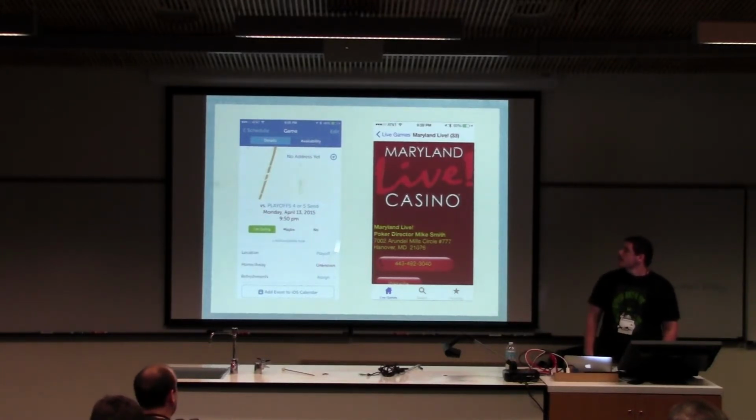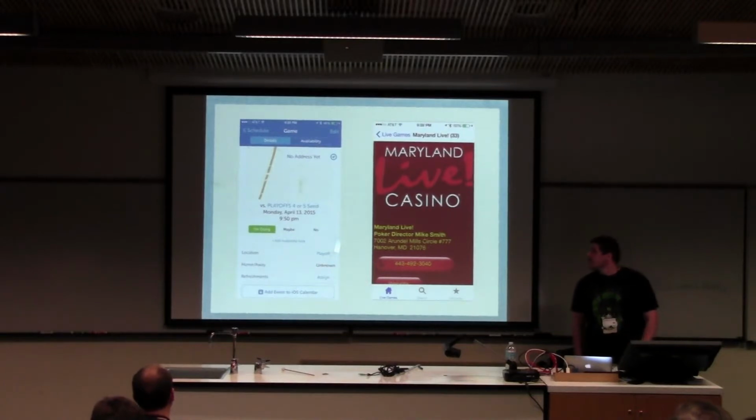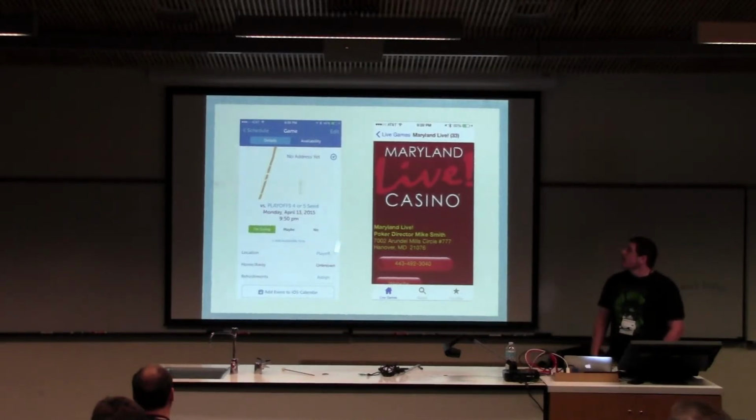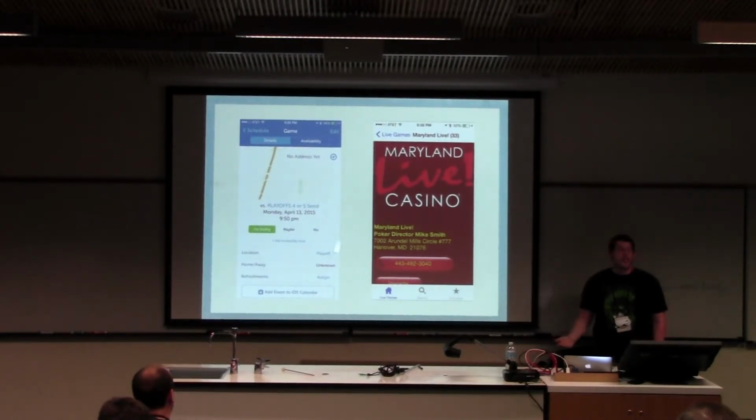The text that says playoff 4 or 5Z, that's touchable as well. It'll draw you into the information about that team that you're playing. And it's a very precise color palette throughout. It's blues, whites, and the green to really pop.